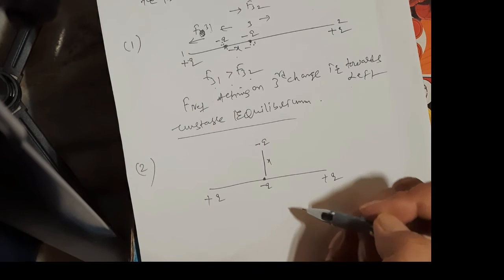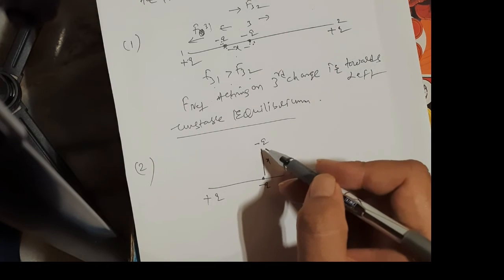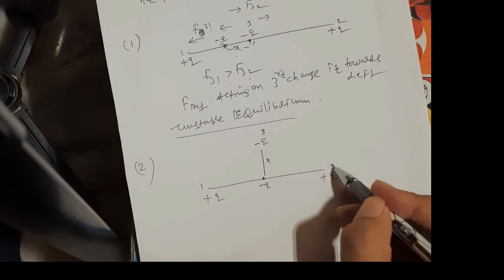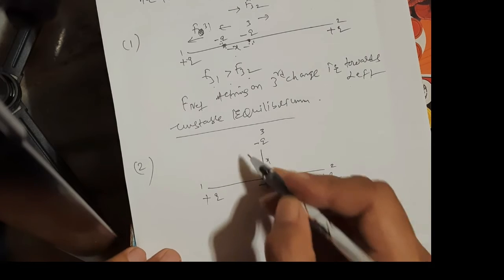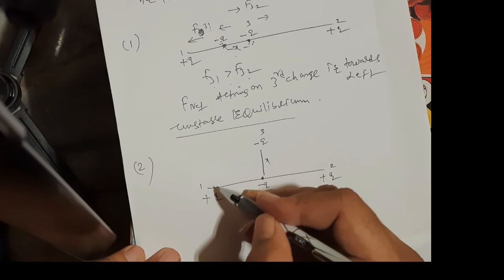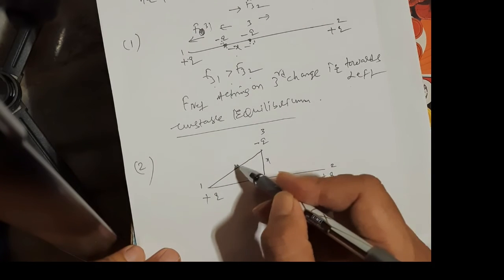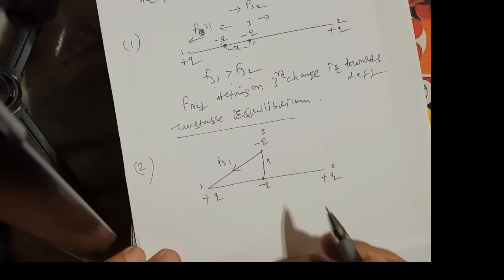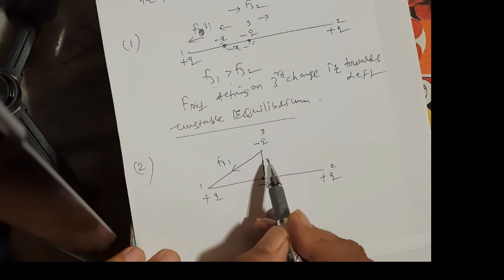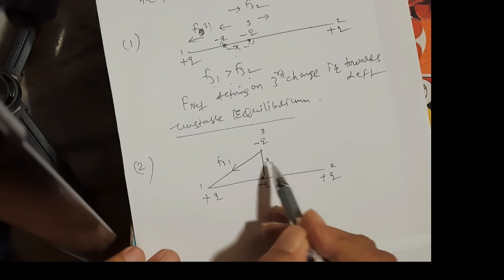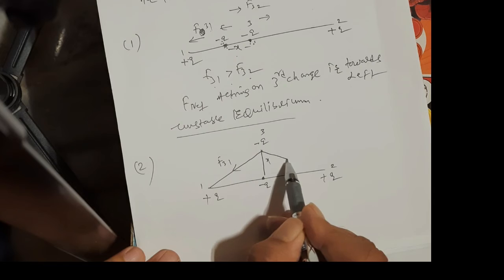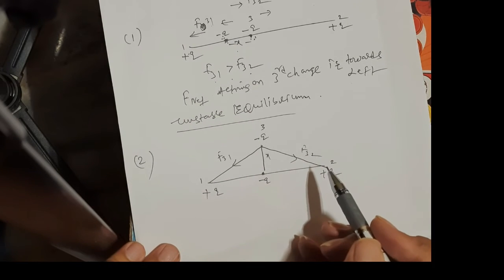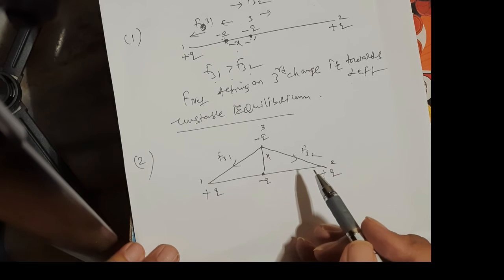Here, this is the third charge, this is the first charge, and this is the second charge. The force acting on the third charge due to the first charge is an attraction force along this direction, F31. The force acting on the third charge due to the second charge is along this direction, F32.